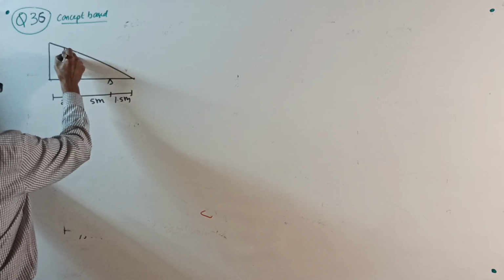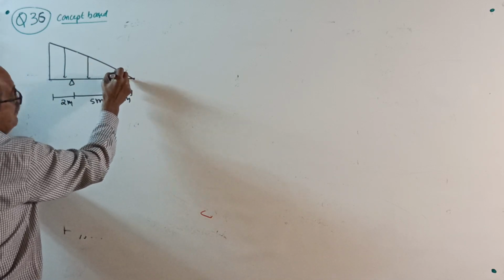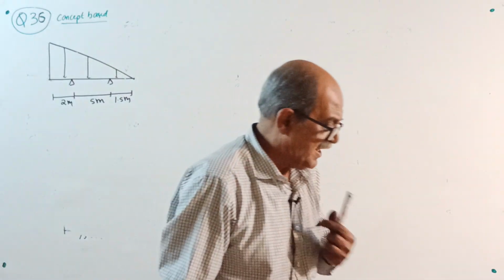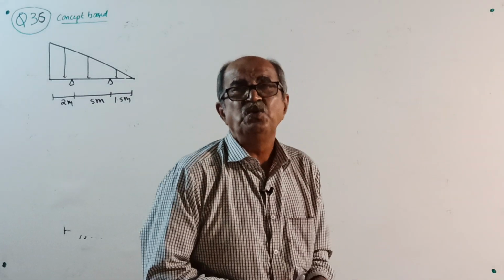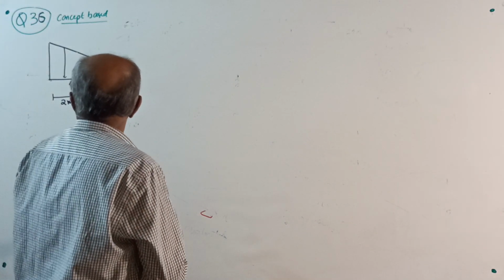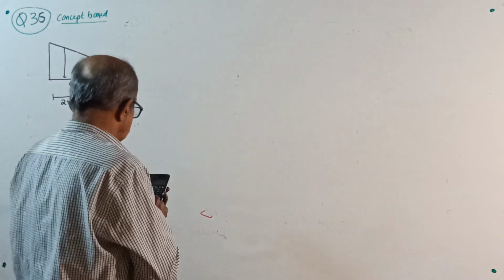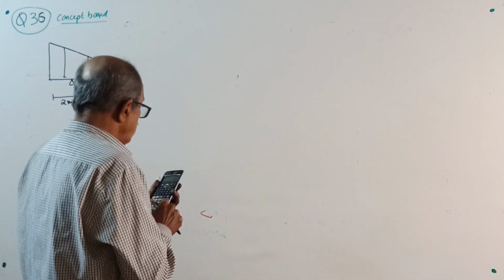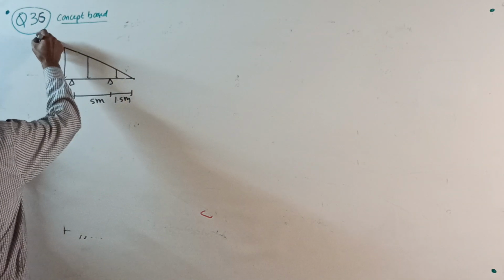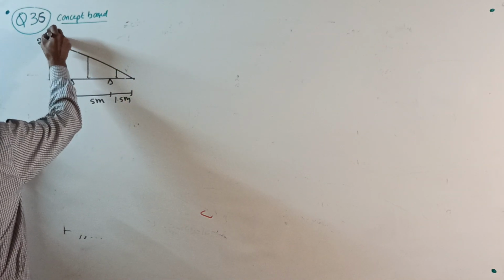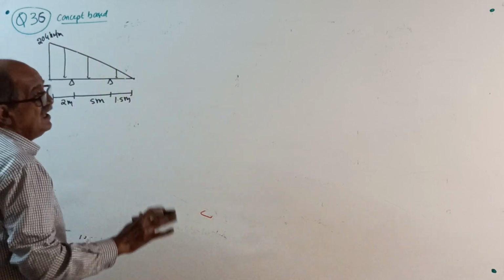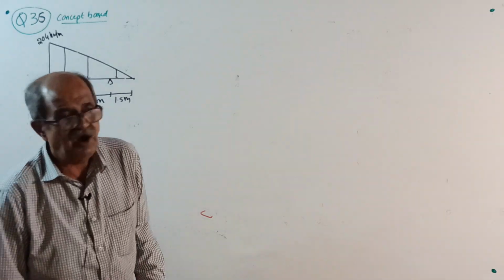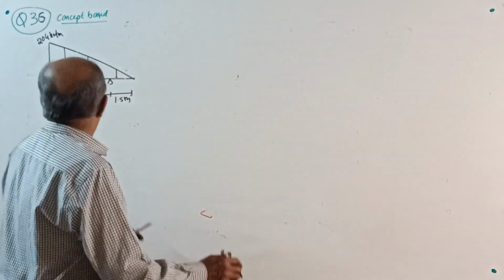To avoid fractions, I will give a multiple of 6 and 8.5: 8.5 into 24, which is 204. This is 204 kilonewton per meter. The purpose is to avoid recurring and long numbers.